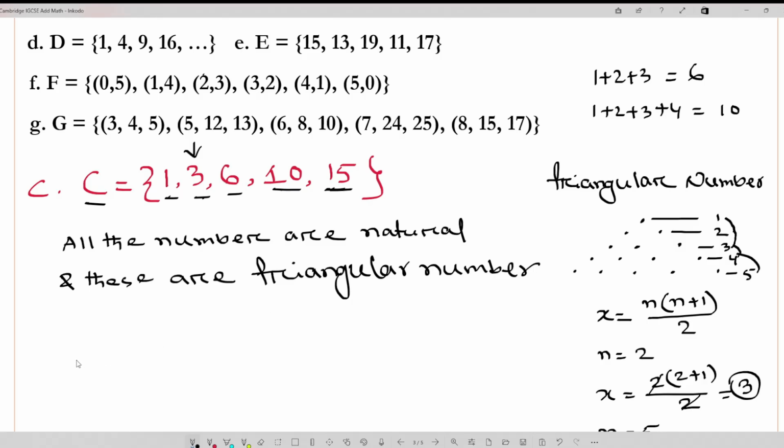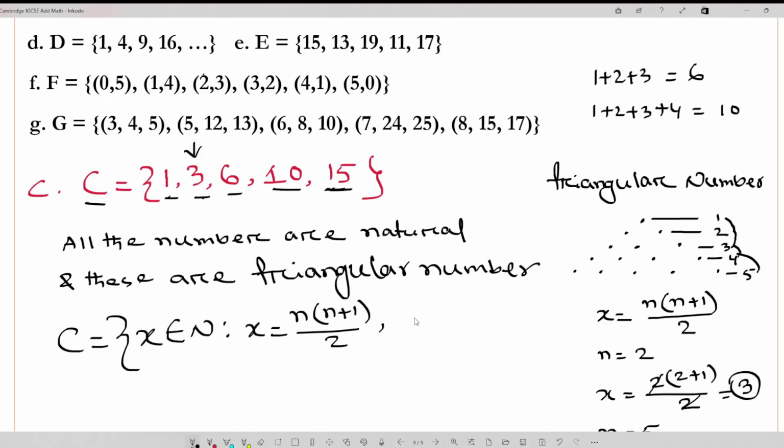So we can write like this: C equals x element of N such that x equals n times (n plus 1) divided by 2, and also we can say n is an element of N, and n is greater than or equal to 1 and less than or equal to 5.